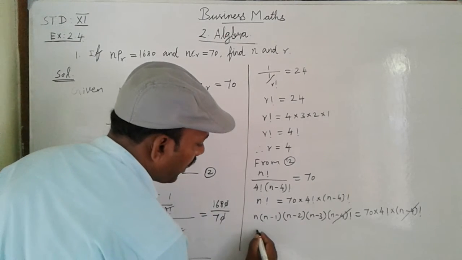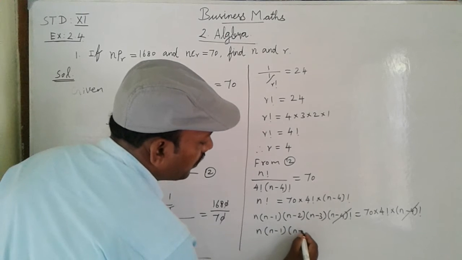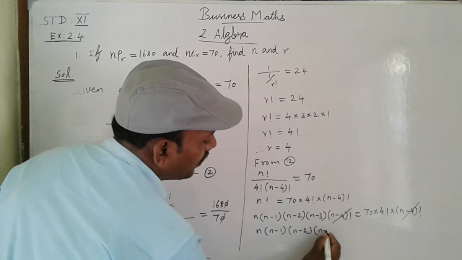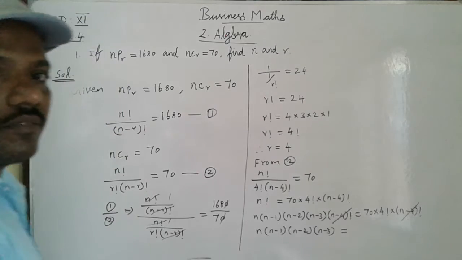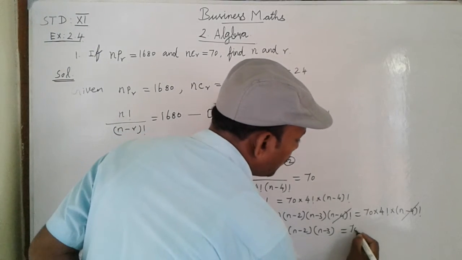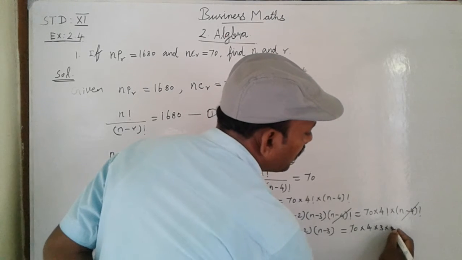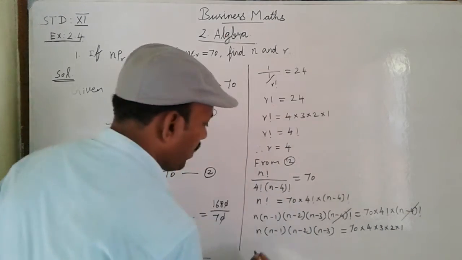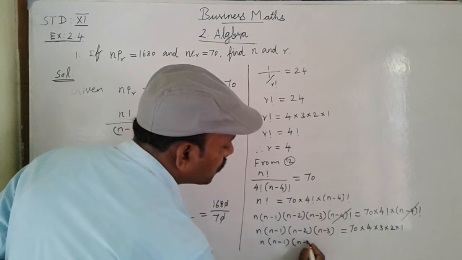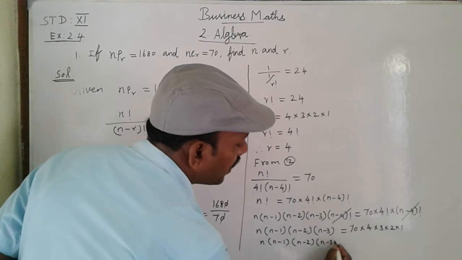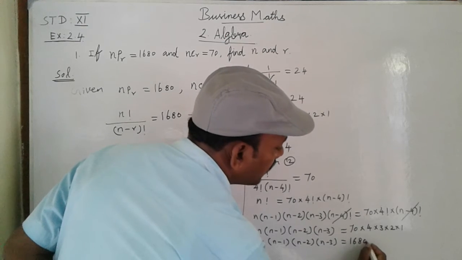This is n into (n minus 1) into (n minus 2) into (n minus 3). Right, 70 into 4 factorial, we know that 4 into 3 into 2 into 1. So n into (n minus 1) into (n minus 2) into (n minus 3) equal to, its multiple, then 1680.